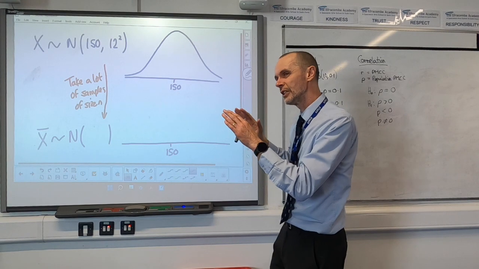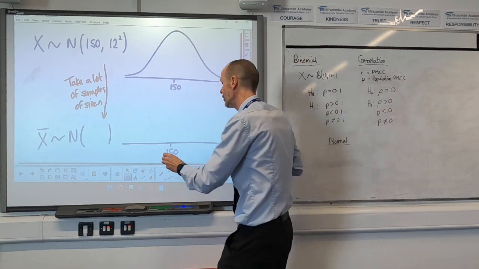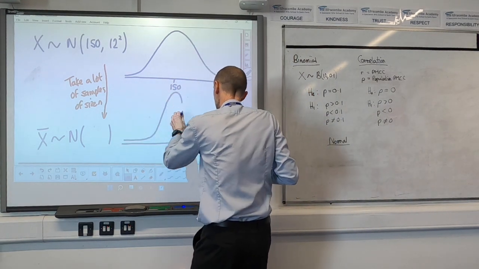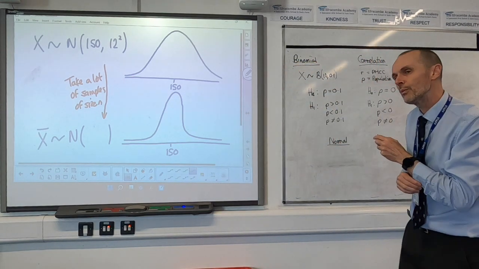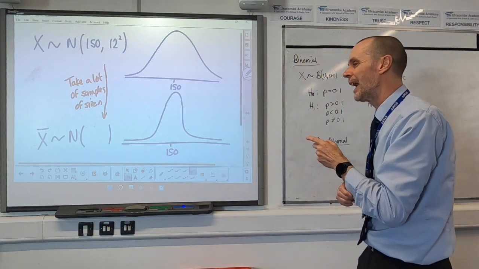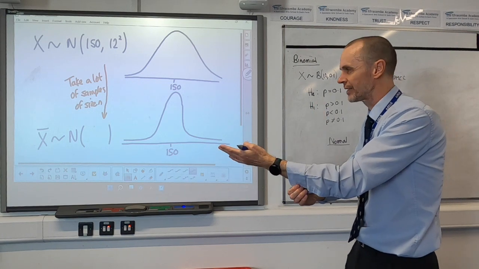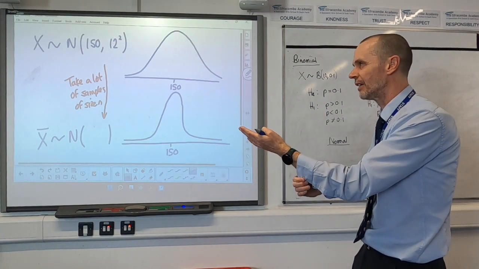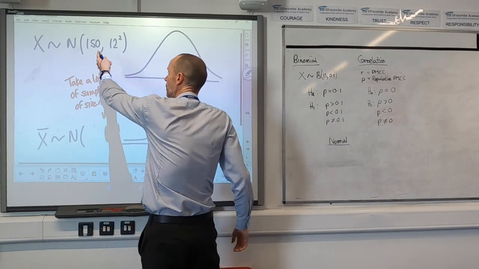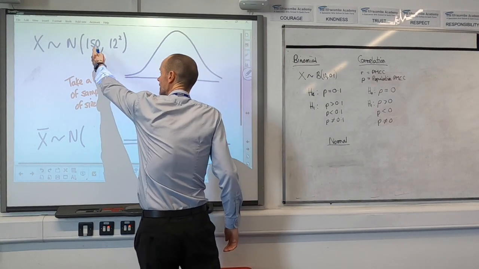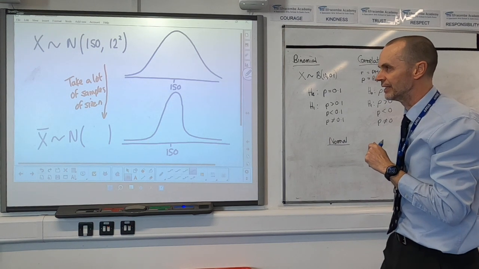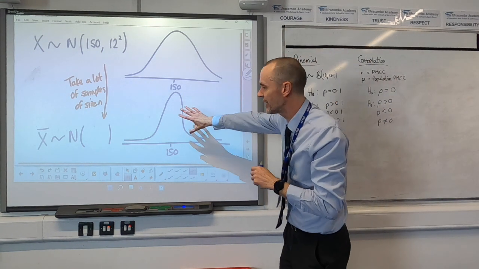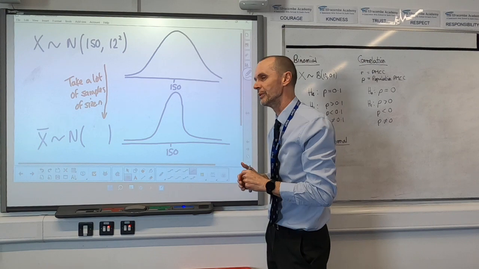So when you look at the distribution of the means, you get a much narrower distribution. And when we are looking at a sample of heights and trying to decide whether they support or challenge a particular understanding of the mean of a set of data, we have to consider this distribution, not this distribution.